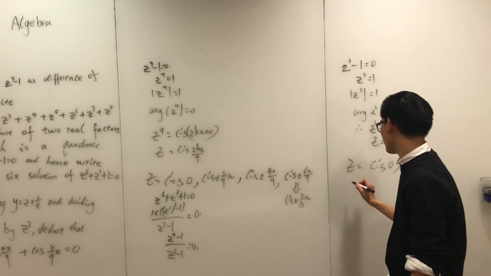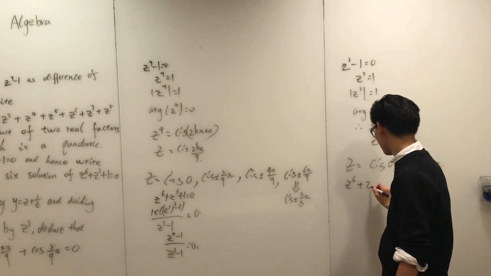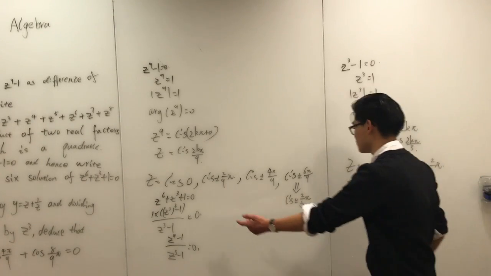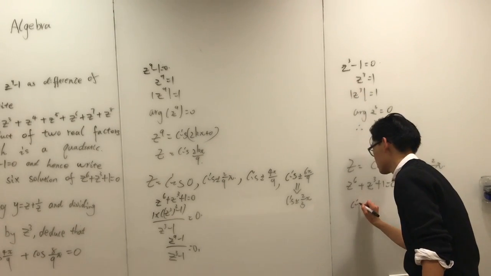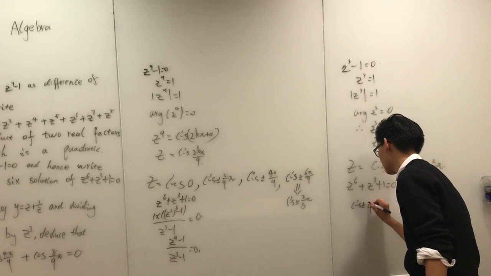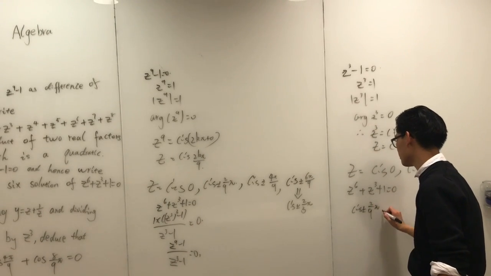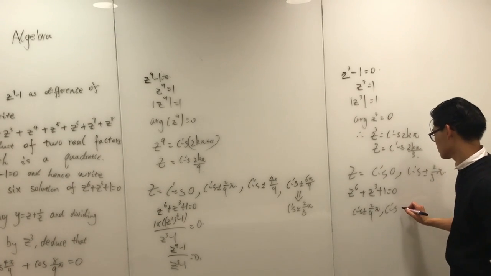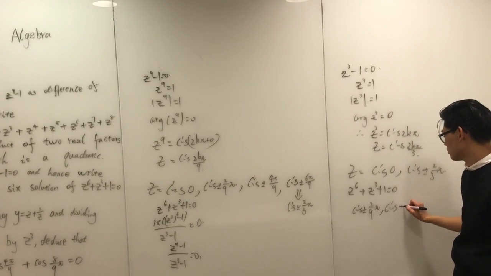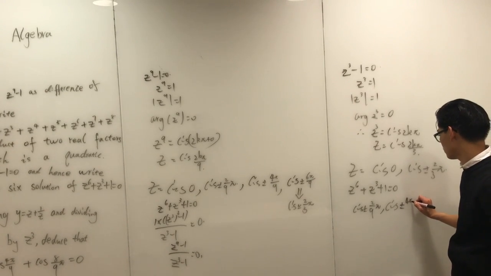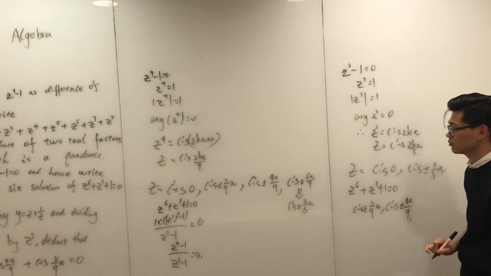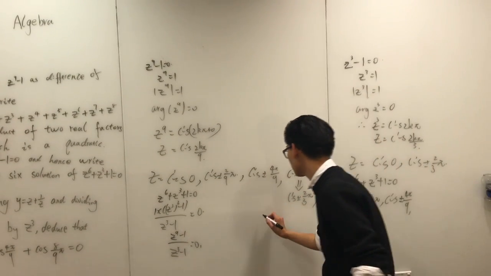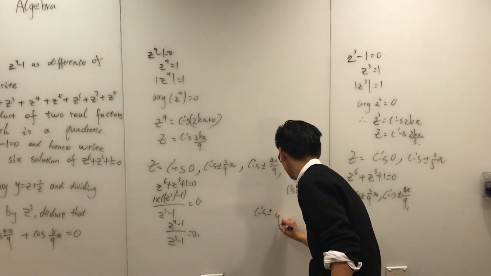For the expression z^6 plus z^3 plus 1, we got roots cos plus or minus 2π/9, and cos plus or minus 4π/9. Oh, sorry, it should be 9 roots, so we have another to go.